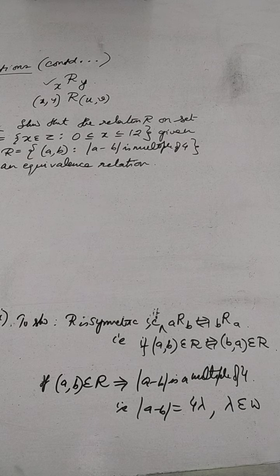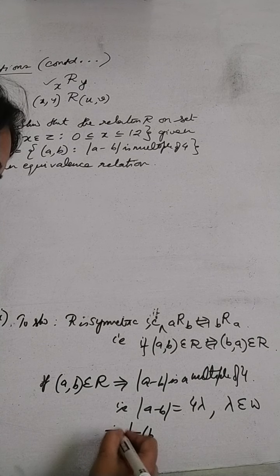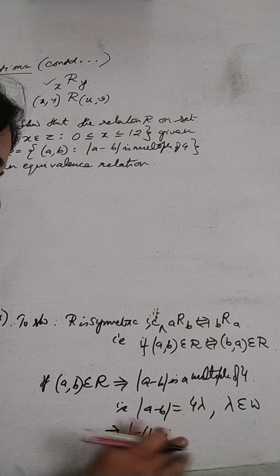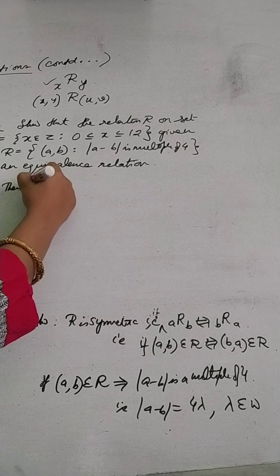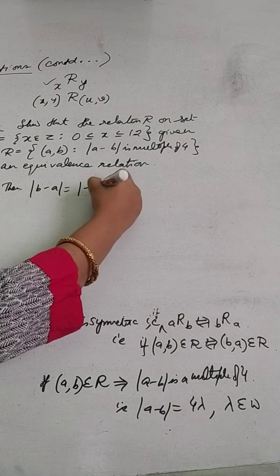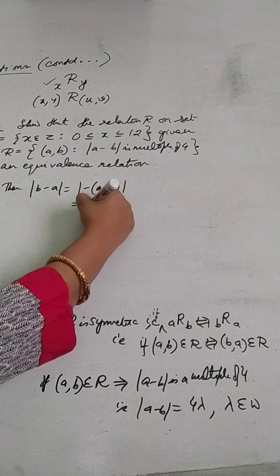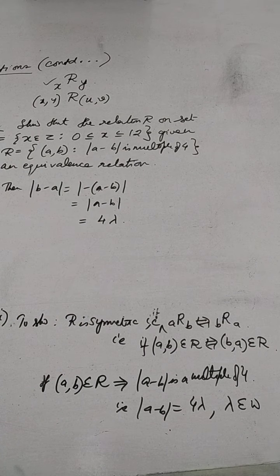So what shall we do now? Check what B minus A is. If this is 4 lambda, then modulus of B minus A is the modulus of minus of A minus B, which in turn is the mod of A minus B, and therefore this is also 4 lambda.